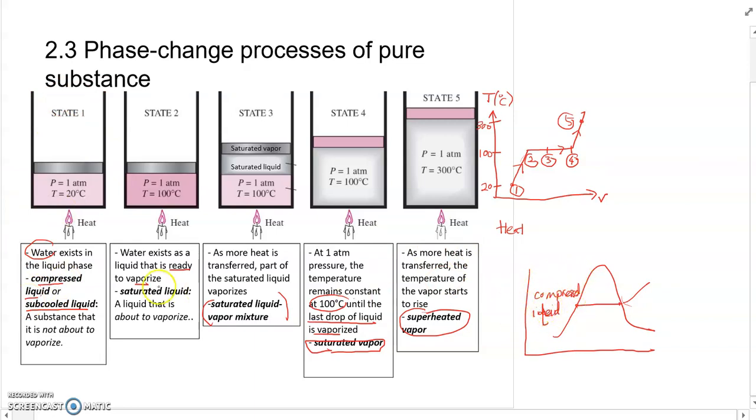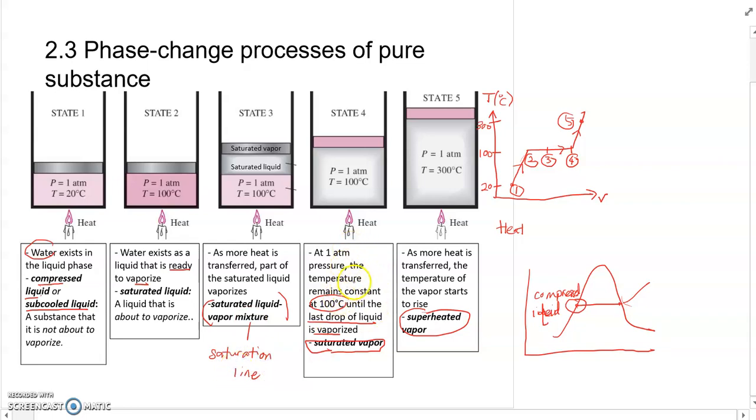Once your water starts to boil, this point is the saturated liquid, and as more heat is transferred, you will have the saturated liquid-vapor mixture. This happens on your saturation line.